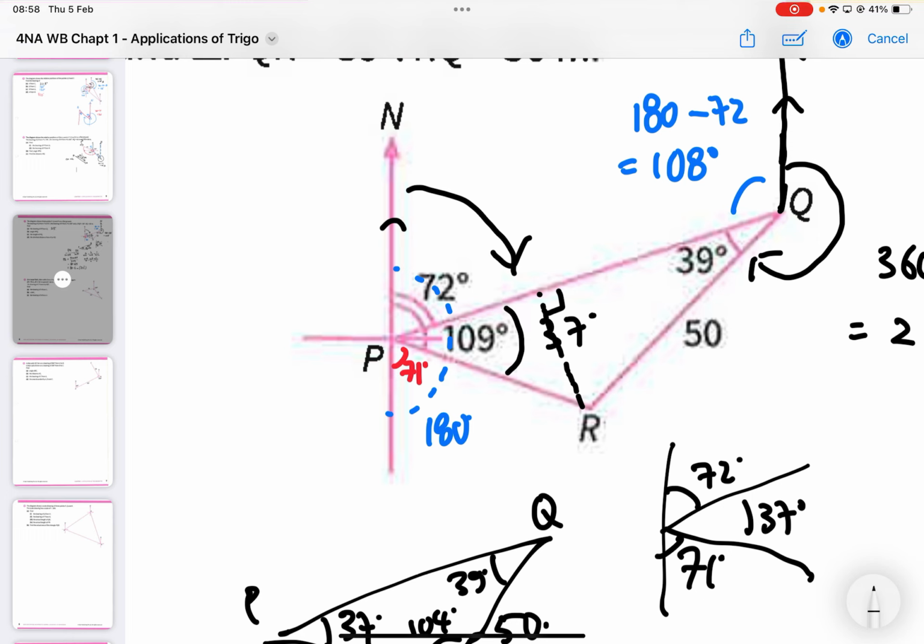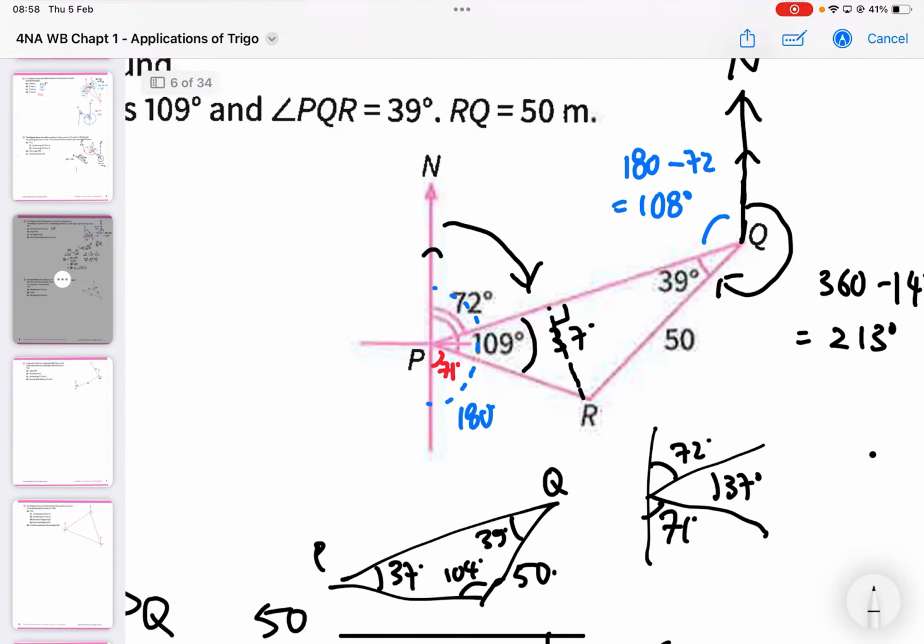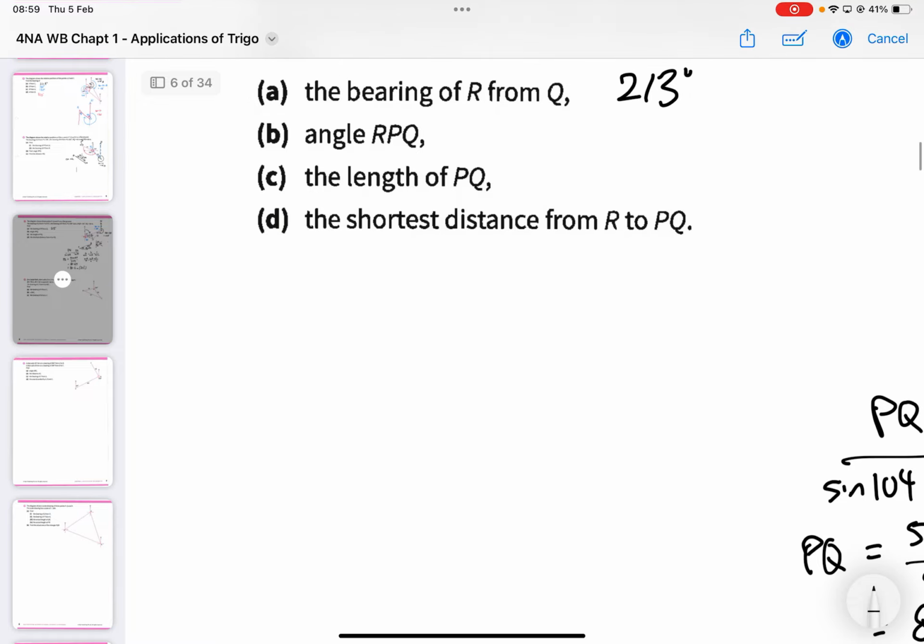Can we find the area of this triangle not using half base times height? Now I know this side, I know this side, and these two sides sandwich this angle, so I can find the area of the triangle using half ab sine C.